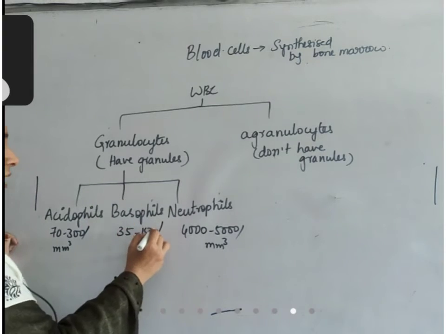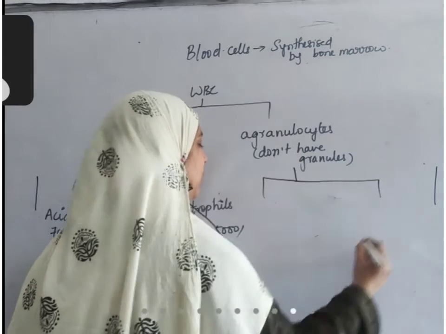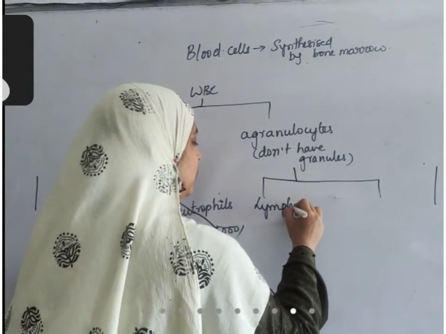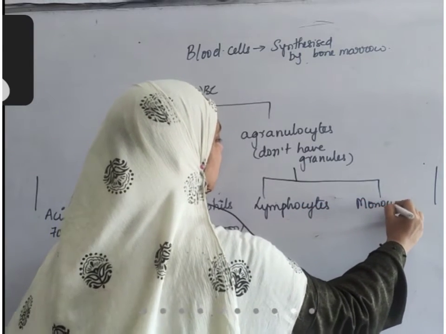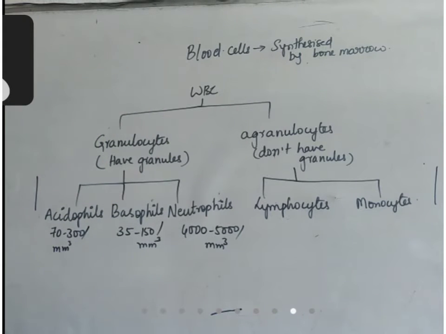Among the agranulocytes, you can see there are two types. The first one is lymphocytes, and the second one is monocytes.